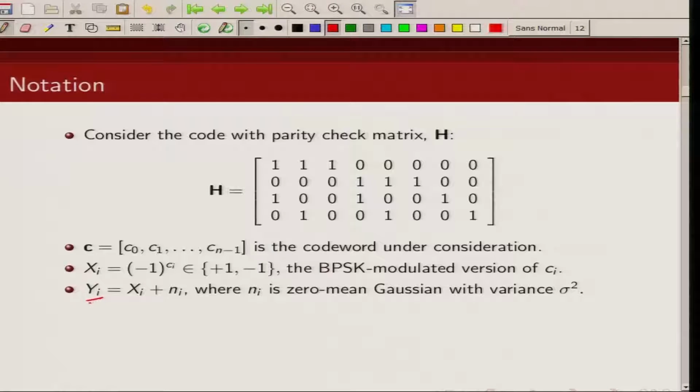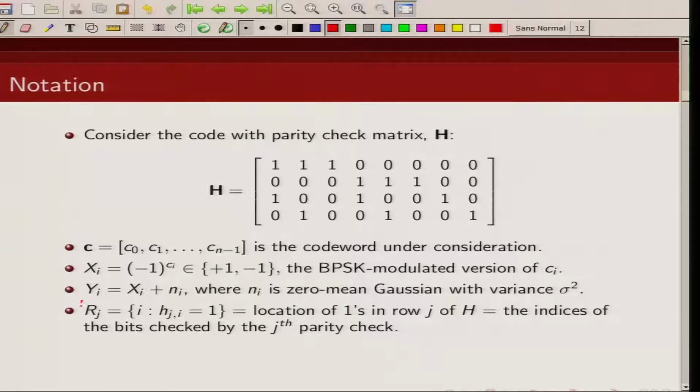y of i is the received modulated code word. We are considering an additive white Gaussian noise channel with noise variance given by sigma square, and it is a zero mean Gaussian noise.